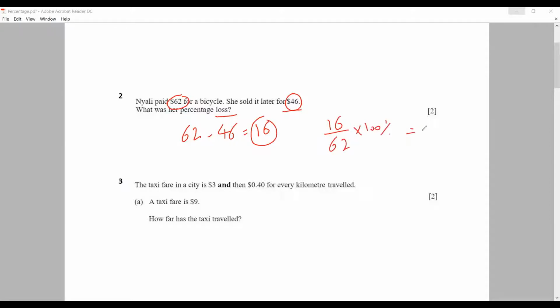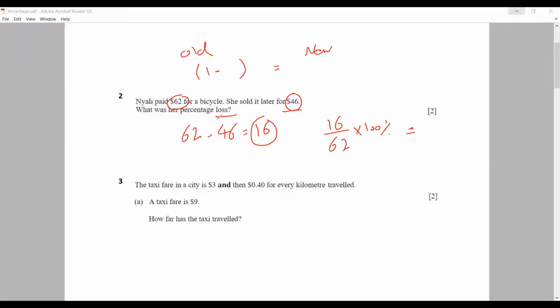That would give you the percentage loss directly. Or you can use the formula that I taught you in the previous video, the new and old price. On the left hand side we have the old and here we have the new. If it's the case of a reduction, you put subtraction here.